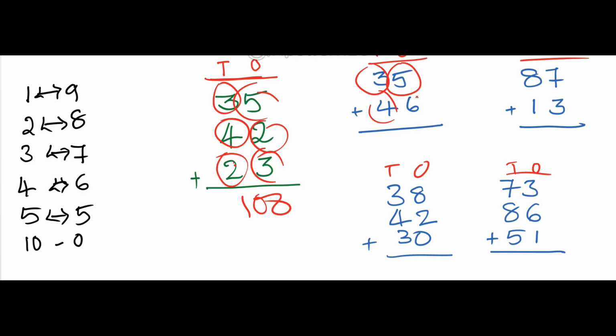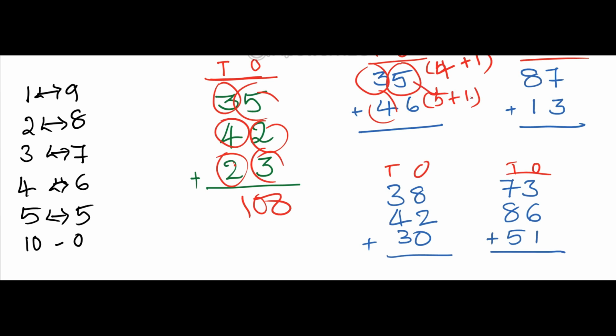See, there is something you have to observe. You have to make your life very easy by doing something creatively. See, you know 6's friend is 4 and 5's friend is 5. Okay, so 6 you can write like this, or 5 you can write 4 plus 1. Now, this is 5, 5, 10.